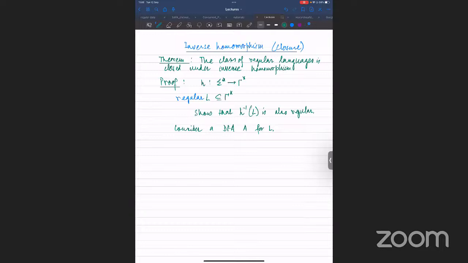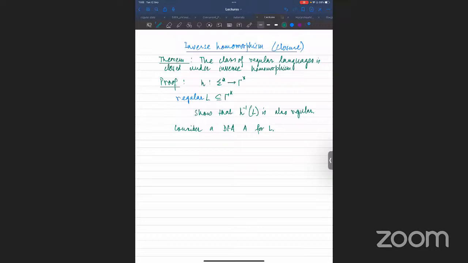Now, what is the problem that you are having? It's the pre-image, exactly. Can you get the pre-image? Is there a way to get the pre-image? Multiple things can map to the same thing.